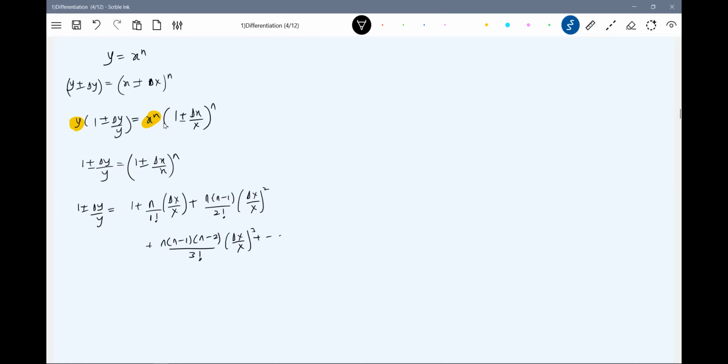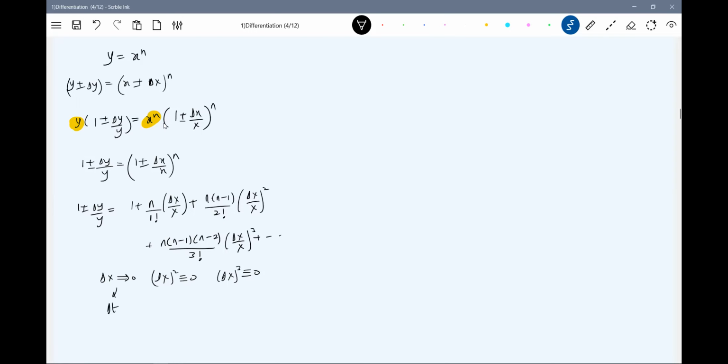So limit, let delta x tend to 0. Then delta x square will be very small, will be 0. Even the cube of that very small quantity should be negligible.